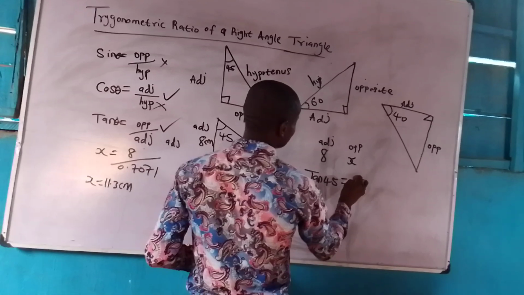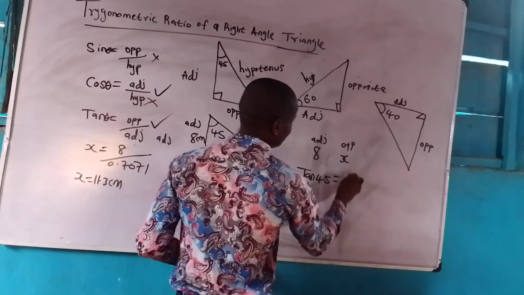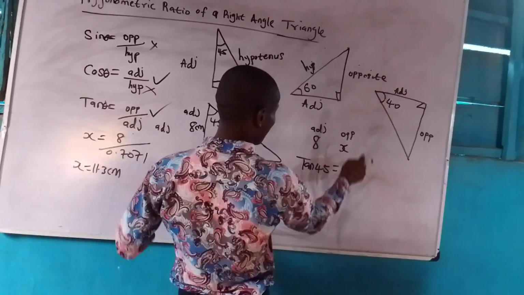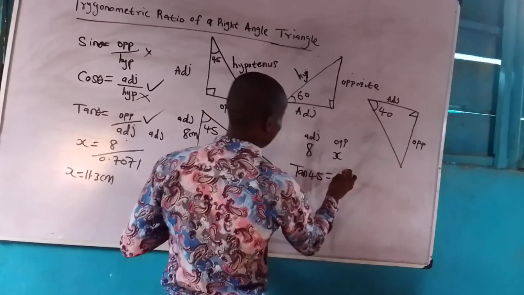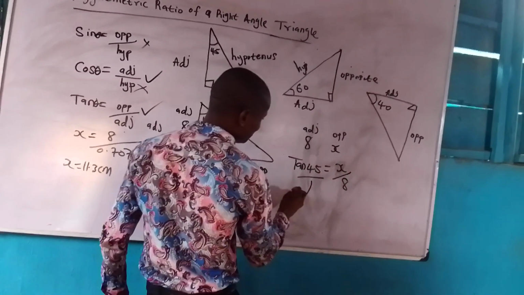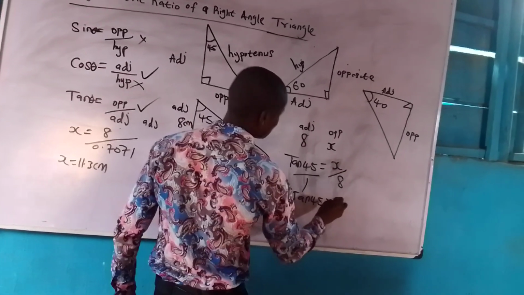Tan 45 equals what? Opposite over adjacent. Opposite is our x, right? x divided by 8. You can now cross multiply. It will be 8 times tan 45 equals x.